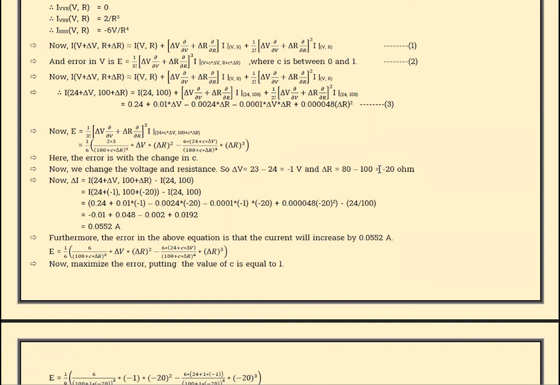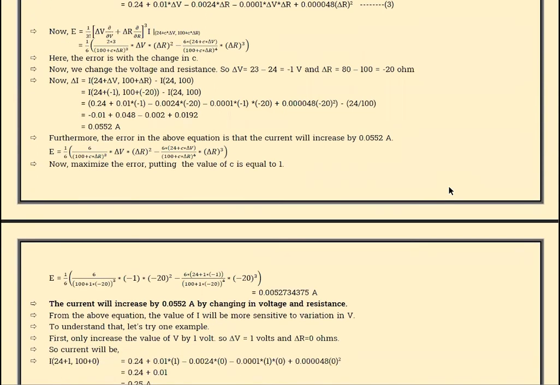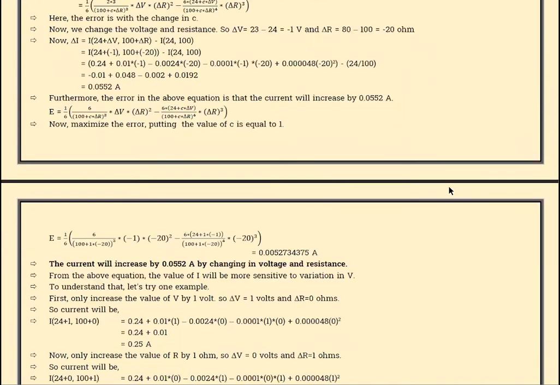So ΔI is equal to I(24 + ΔV, 100 + ΔR) − I(24, 100). So we will get the change in I is equal to 0.0552 ampere, and from above, we get the maximum error is equal to 0.0052 ampere.